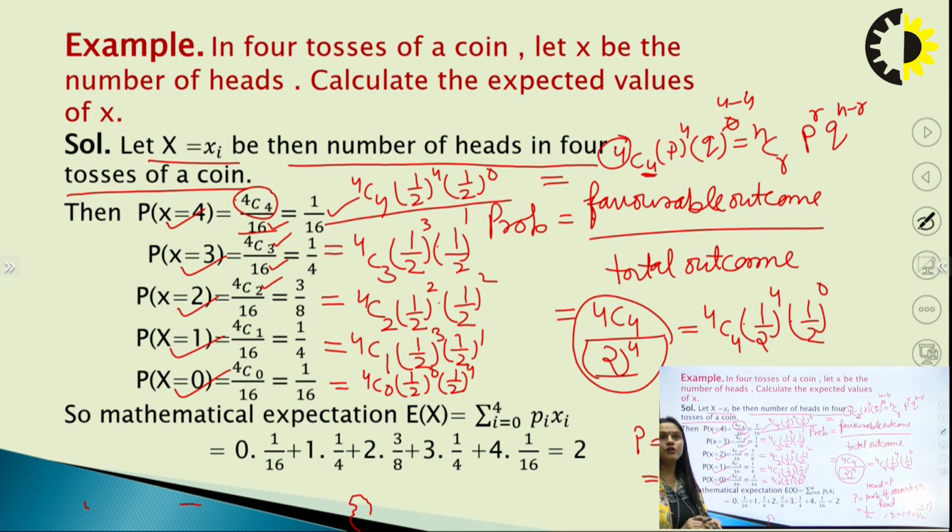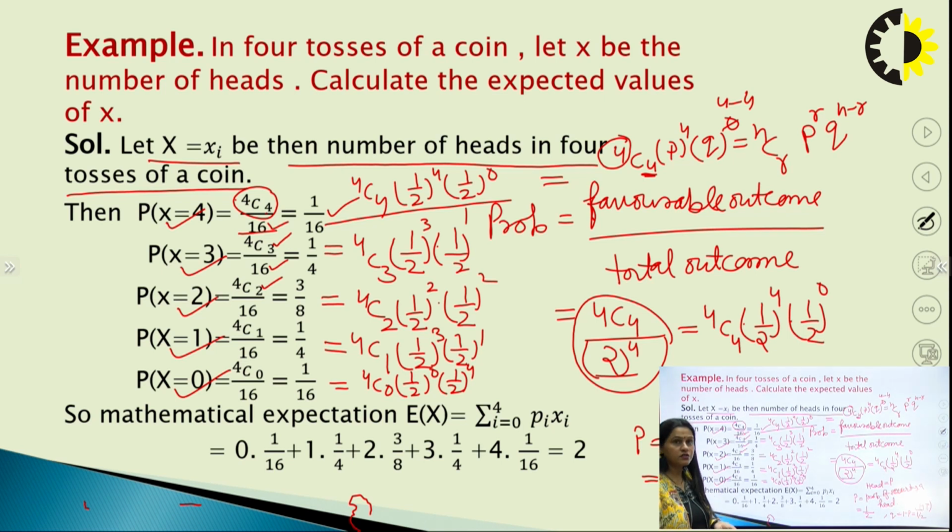The necessity comes when the number of tosses is so big that we cannot solve it this way. Because here there were only 4 tosses, so 4, 3, 2, 1 and 0 heads can occur, and it was very simple to solve: 4C4 upon 2 to the power 4.